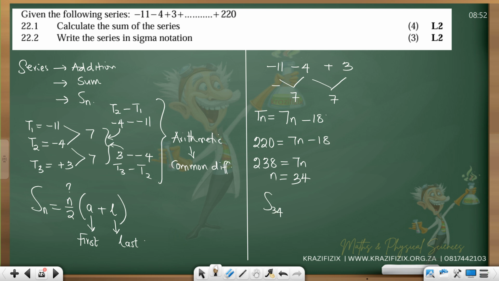S34 is 34 over 2. What is the first? Negative 11. What is the last? Plus 220.